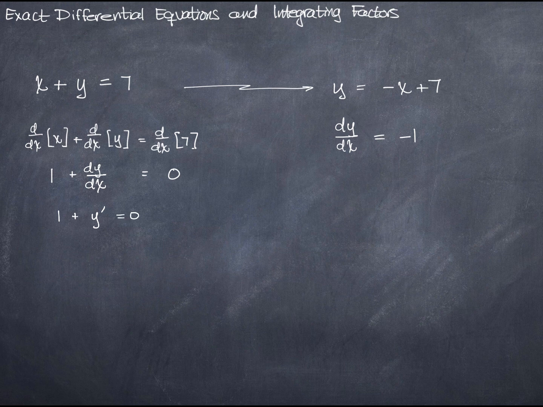And then if I subtract 1 from both sides, I get y prime or dy dx, depending on which form you left it in, equals negative 1. And that's exactly what I got over here. So that's essentially what implicit differentiation is. I had a very simple term here when I took the derivative of this.